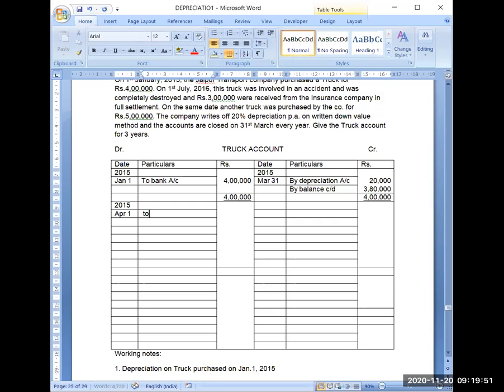We will first write down the opening balance, to balance brought down. And the balance brought down will be 3,80,000.